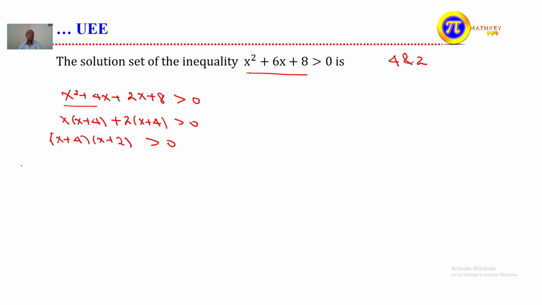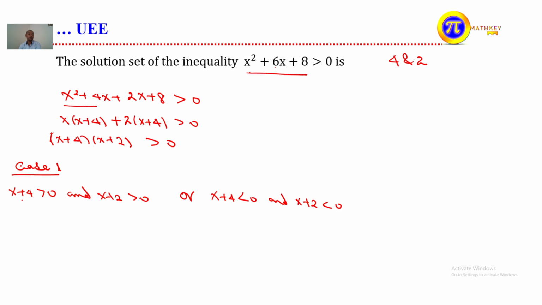That means we have two cases. Case 1, using the product property: x plus 4 must be greater than 0 and x plus 2 must be greater than 0. Or the other option is x plus 4 less than 0 and at the same time x plus 2 less than 0.